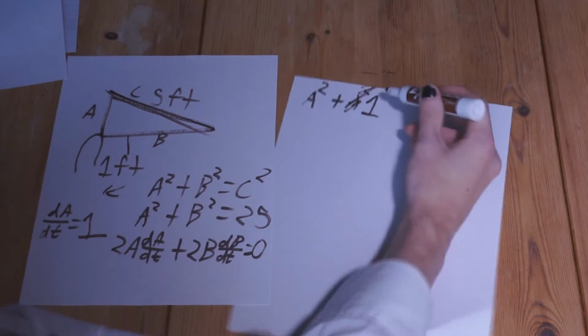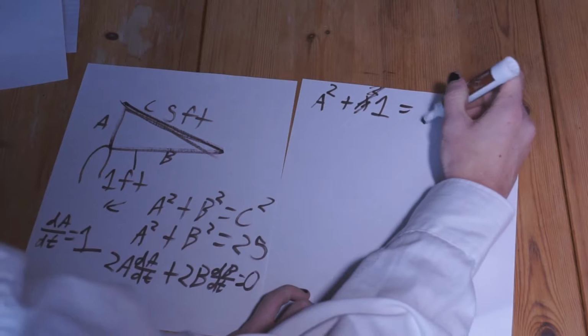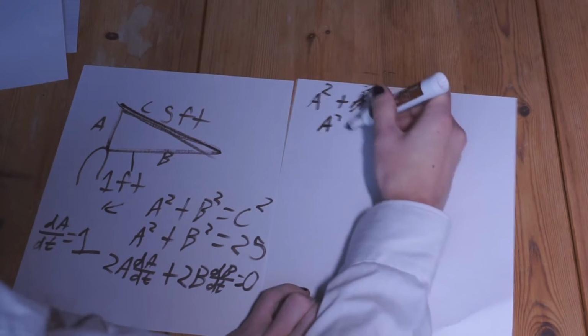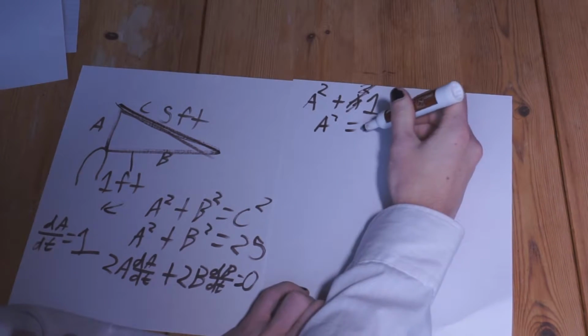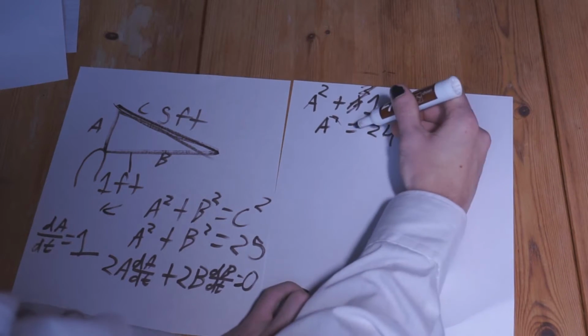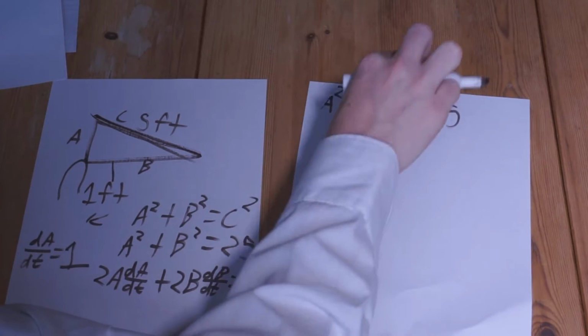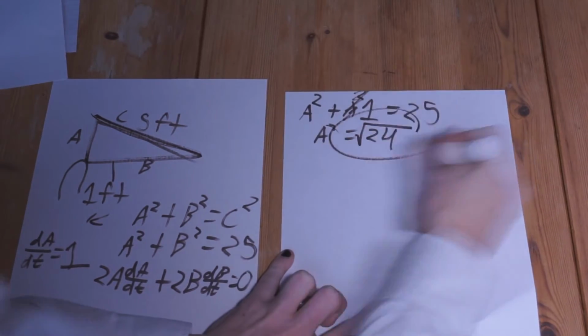A squared plus 1 equals, which we already know, 5 squared is 25. A squared equals 25 minus 1, which equals 24. And to get rid of this square, we can take the square root of both sides, making A equal the square root of 24.